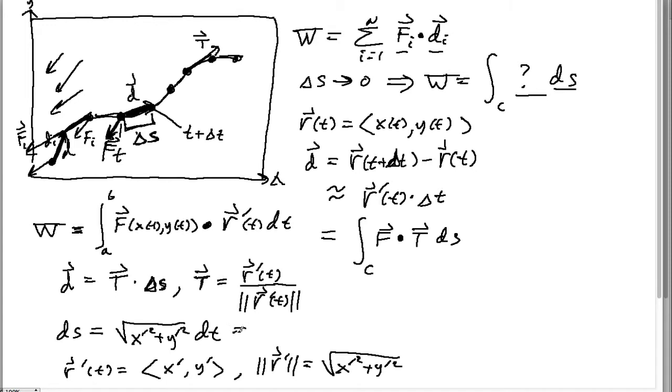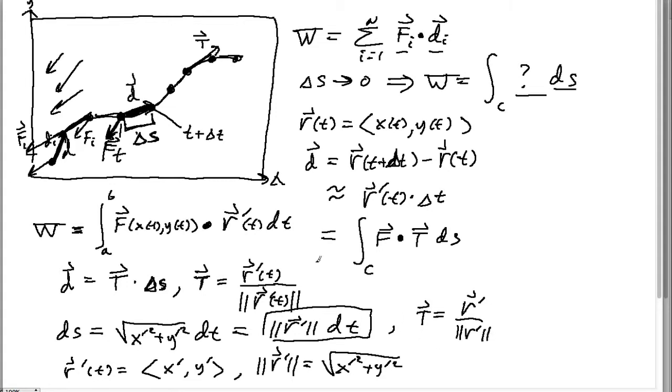And so we see right here that that is ds over dt, which is how we can get between these two. So ds we can replace with this here, and remember that T is r prime, the vector, divided by its length, and so these will cancel and you get back to this result right here.